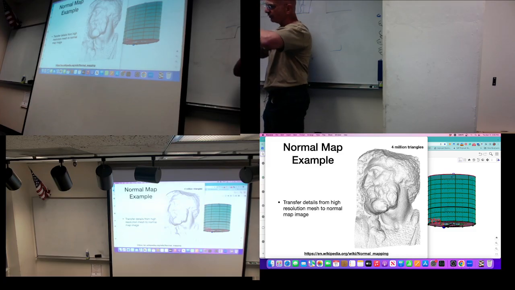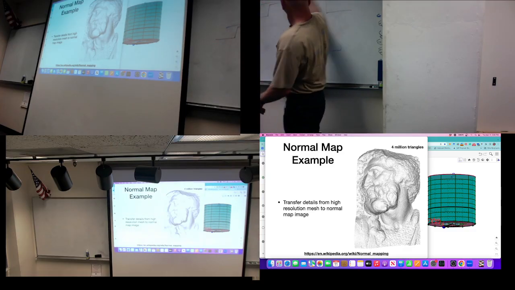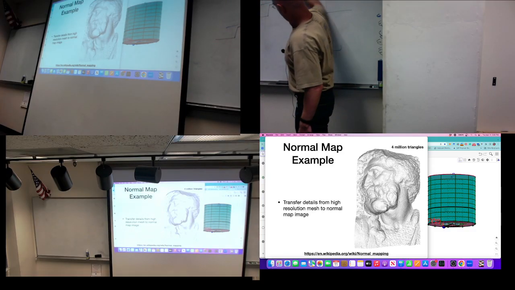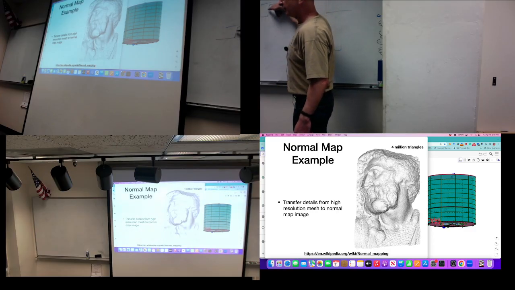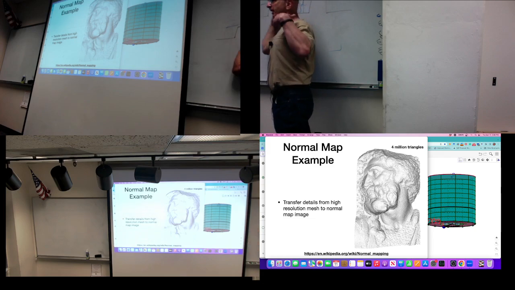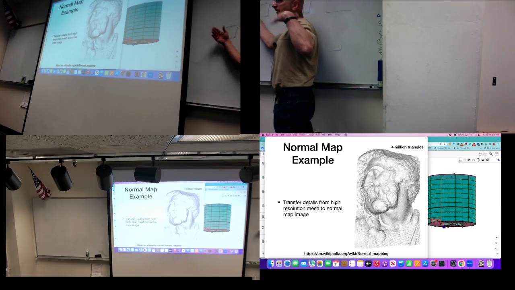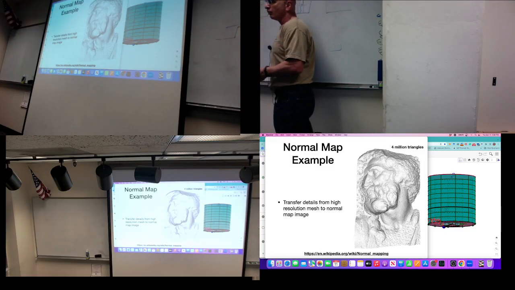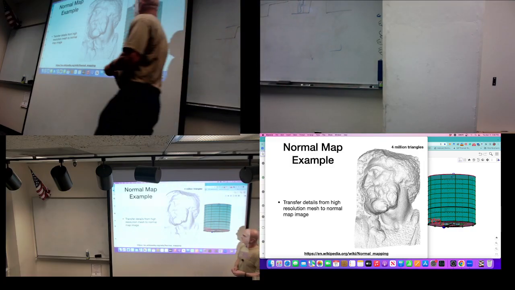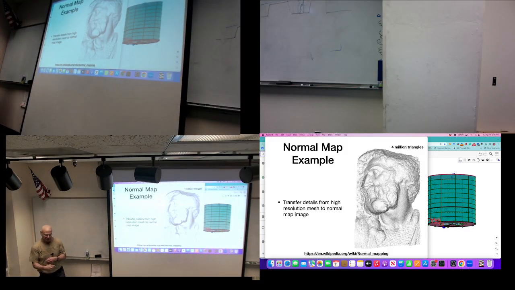But it's not a constant amount of work per triangle. I still need to go sequentially from where the ray hits: do I hit the first bump? Or did I hit the next one? Do I hit the next one? And supposedly you need to add some stopping condition, or else your ray can wander on for a long way. So sure, it can be done by the fragment processing, but it's still a sequential operation.